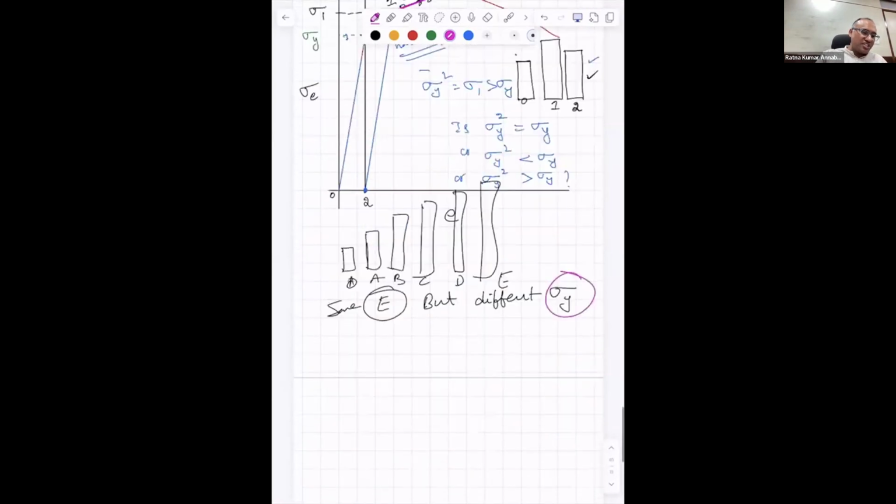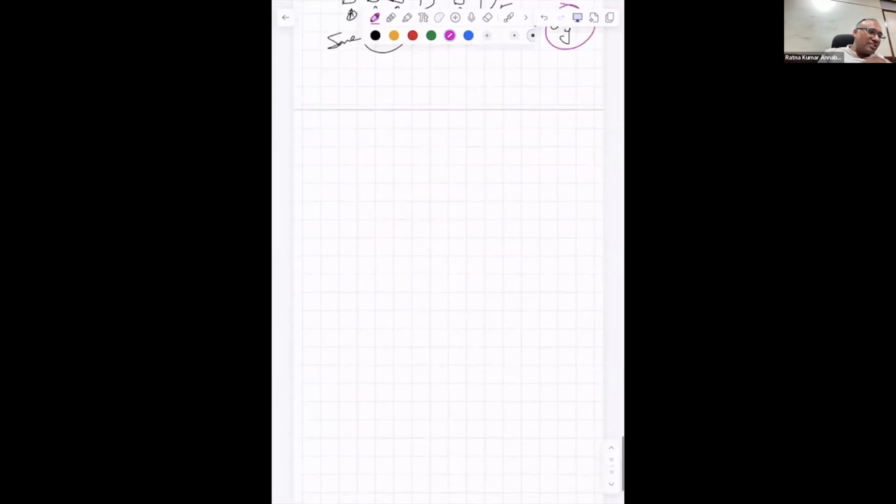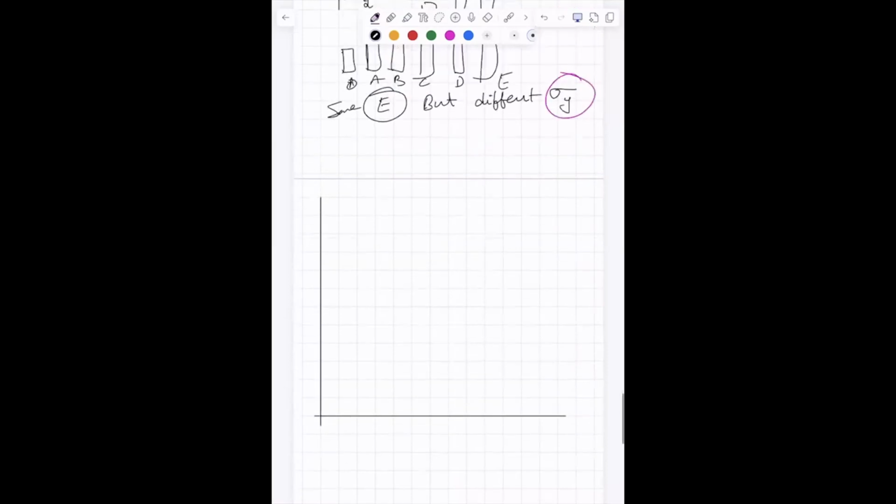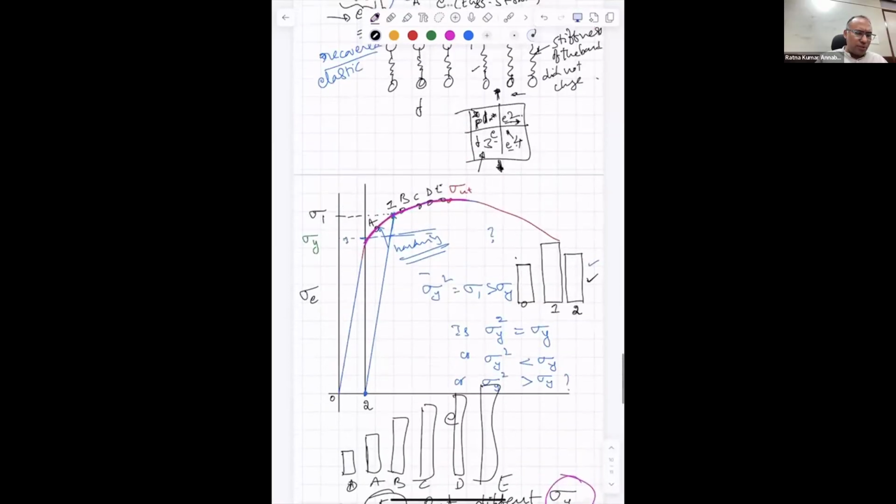Now, in the uniaxial tension test, let us look at it again. But this might be different for a material like aluminum. Why would it be different for aluminum? Because we don't have a specific yield point.